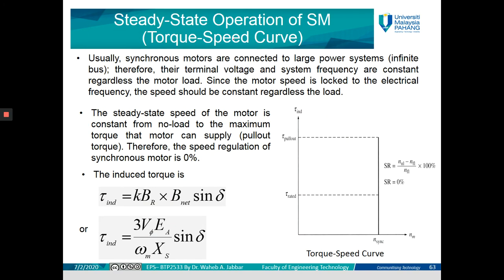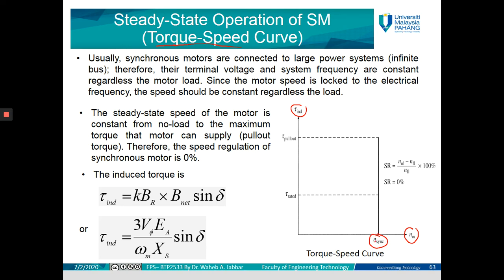Now the steady state operation of the synchronous motor, or the characteristic which represents the torque-speed relation. We saw this for the synchronous generator, and here we have the relation between the motor speed and the induced torque. As you can see here, the speed of the motor is fixed, or constant, at synchronous speed because we are talking about a synchronous machine.